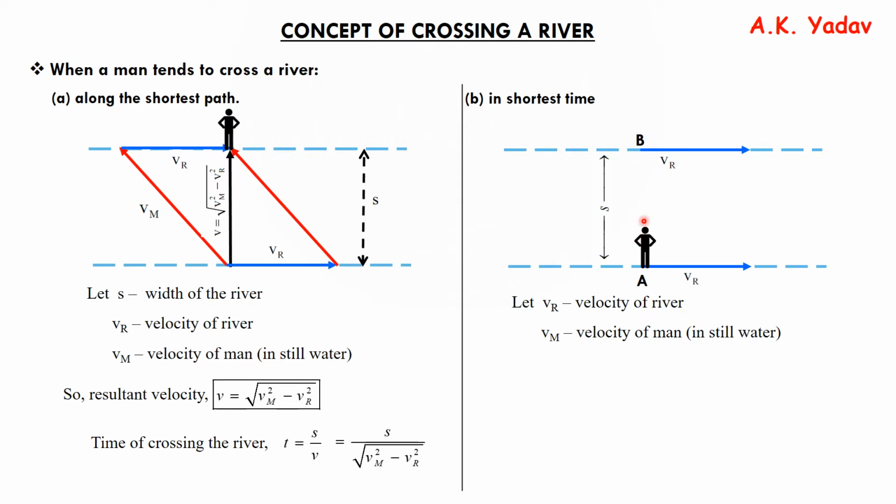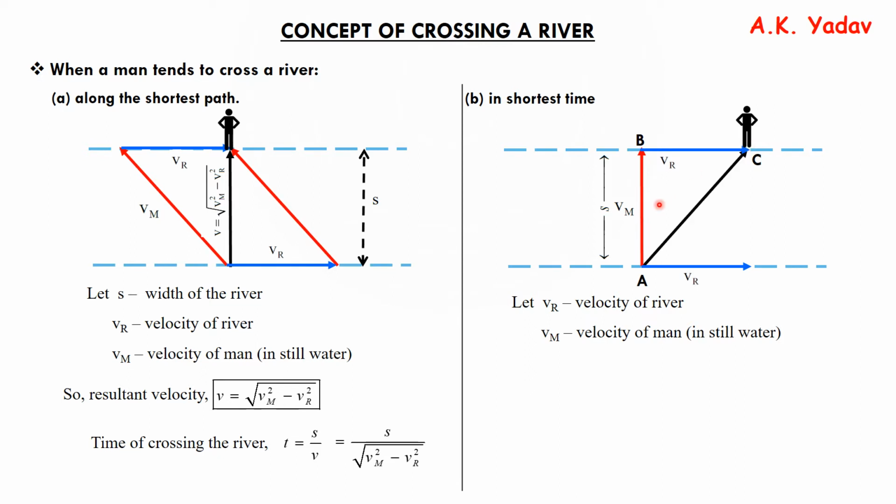Now it's not that he wants to reach point B, he just wants to cross the river in the shortest time. So what he has to do, he has to jump directly. If he is doing so, what happens? He reaches a position C, but he has crossed the river in the shortest time.